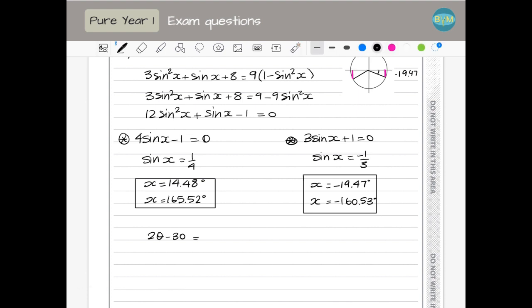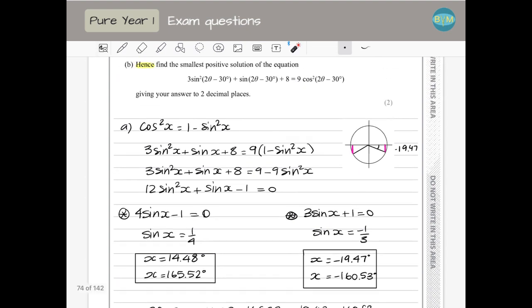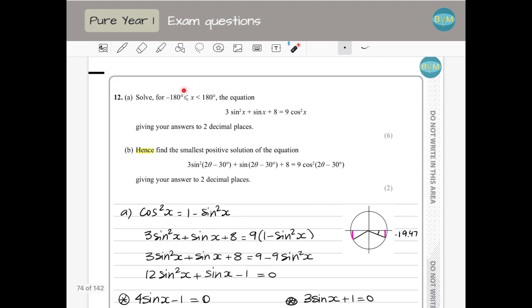So 2 theta minus 30 is going to be 14.48, 165.52, minus 19.47, minus 160.53. And I will have a different interval. Remember, this interval is modified by multiplying theta by 2 and subtracting 30, so my interval is going to be actually larger.